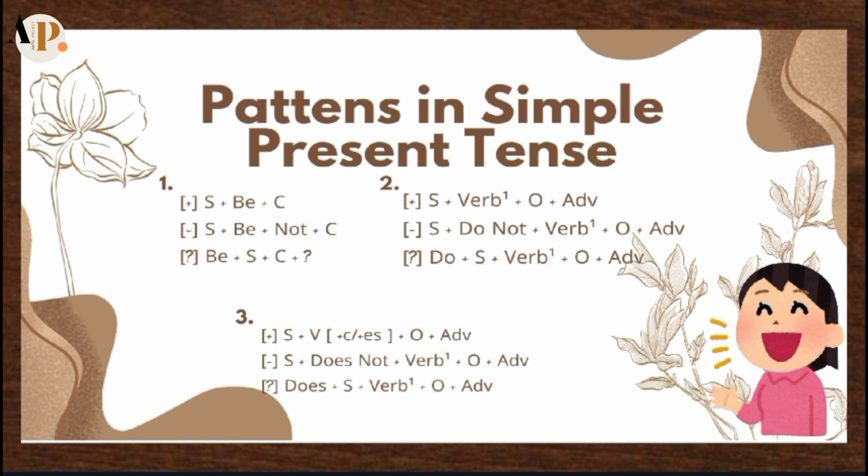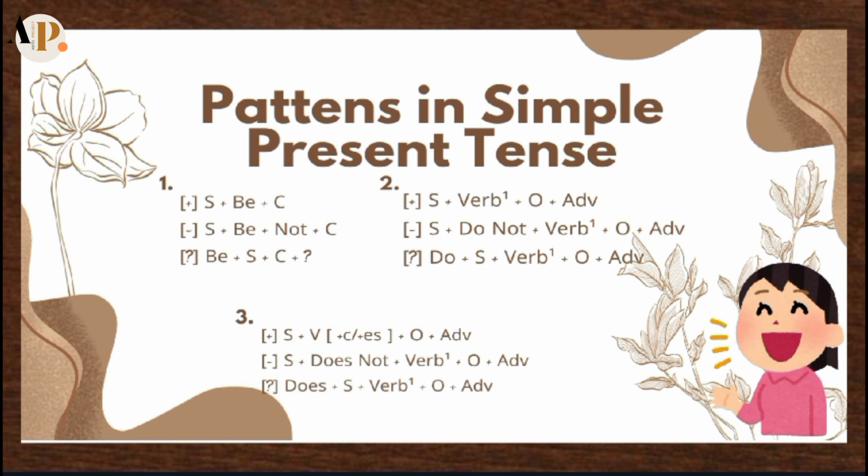In the pattern 3, if the sentence is positive, the pattern is subject plus verb plus S or ES plus object plus adverb. If the sentence is a negative, the pattern is subject plus does not plus verb 1 plus object plus adverb.